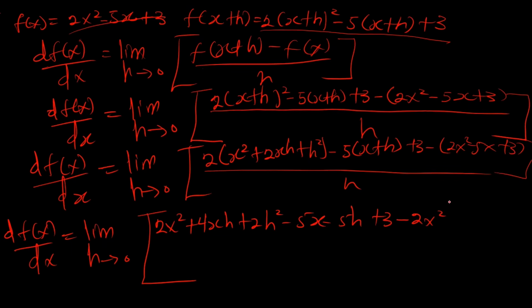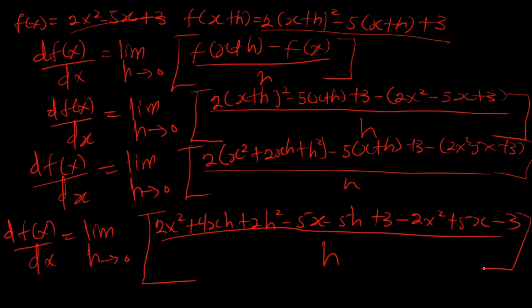Negative, multiply negative 5x, this is positive 5x, and negative and positive 3, negative 3, all over h. Okay, so when we take a closer look, we see that we have positive 2x squared here, negative 2x squared here, they cancel each other. The same for negative 5x and positive 5x, negative 3, positive 3.